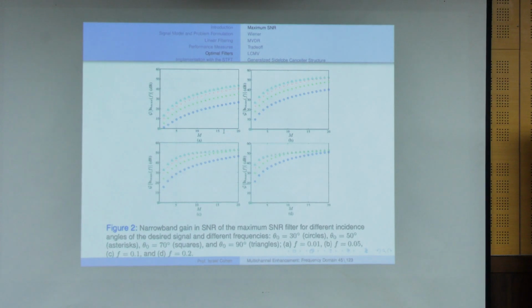Or we can increase the number of sensors, increase its size, and so on. Okay? And then we get better spatial separation. All of that we see here. And actually it's just an example of the output SNR, but if you work with other performance measures, you get the same improvement in performance.